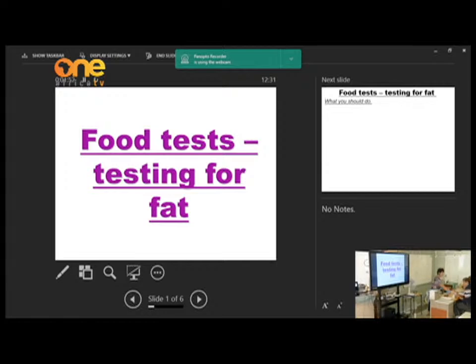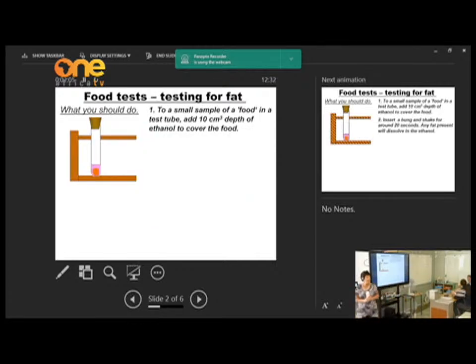And then, to test whether fats are present, we take a small sample of food, we grind it if it is a solid, and then I want you to add ethanol to that.